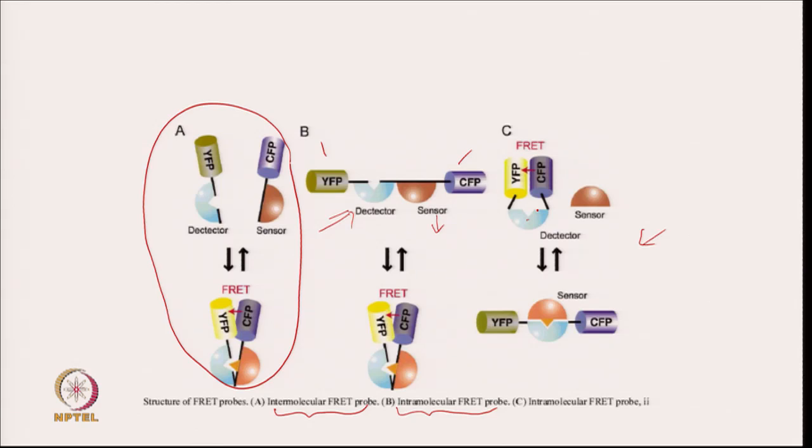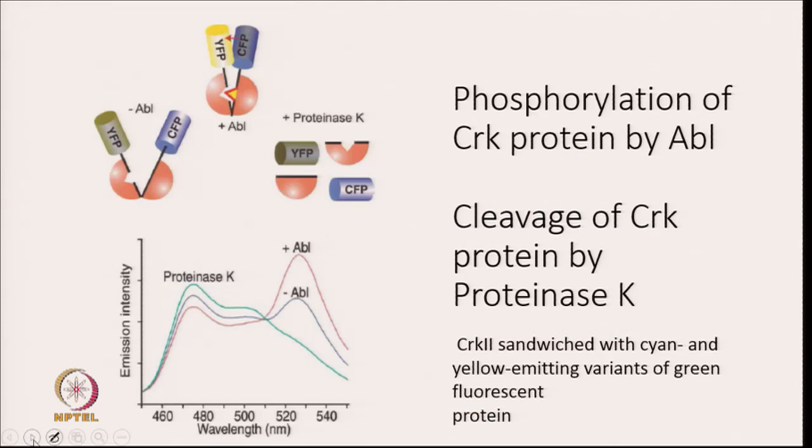When it is not in complex form, it shows FRET, but when the sensor comes and sits on this detector, the YFP and CFP go far away, and when you excite CFP, YFP will not show fluorescence.